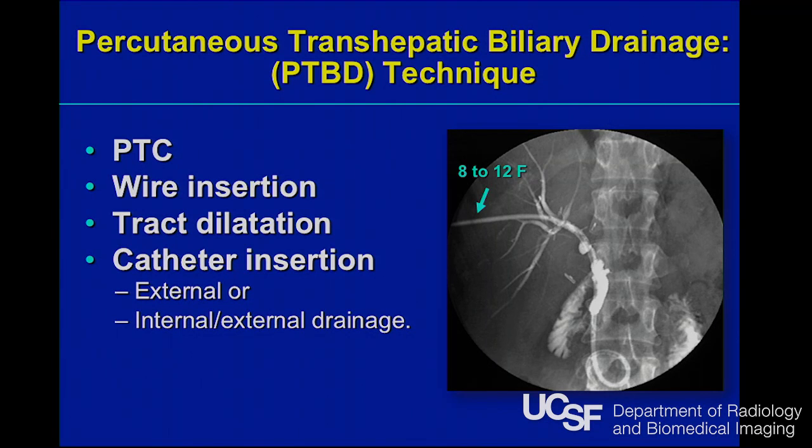Some practitioners for strictures, for instance, believe in placing very large bore drains, 18, 20 French drains, for a very long period of time, in hopes that the strictured segment is going to mold around that drain, and once the drain is removed, that the opening will actually stay 18 French or 20 French in diameter.